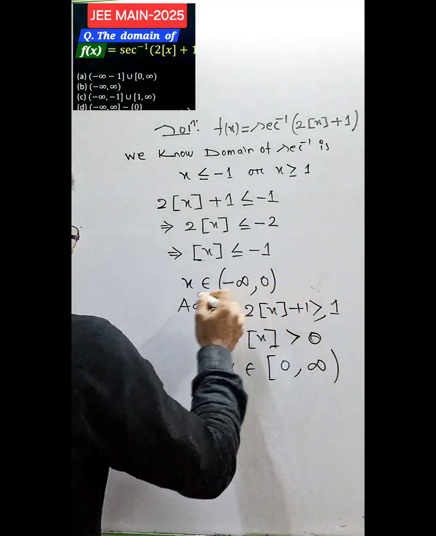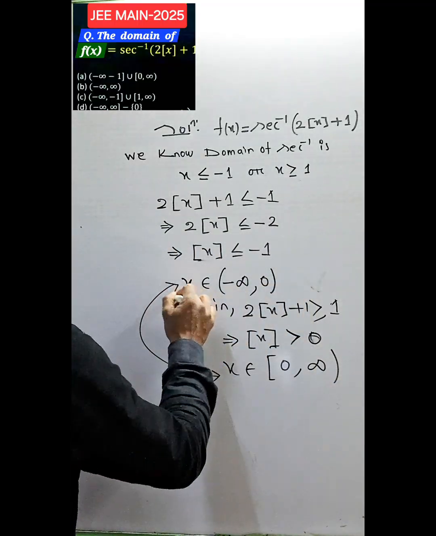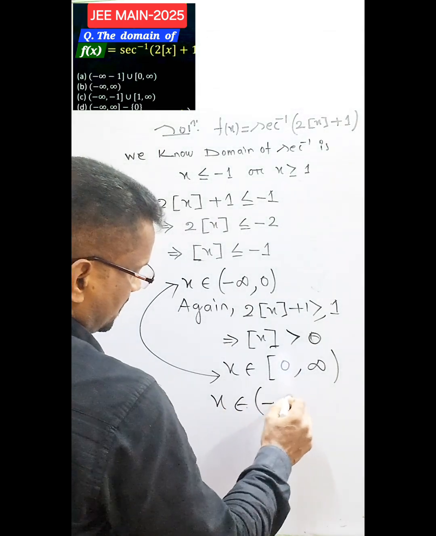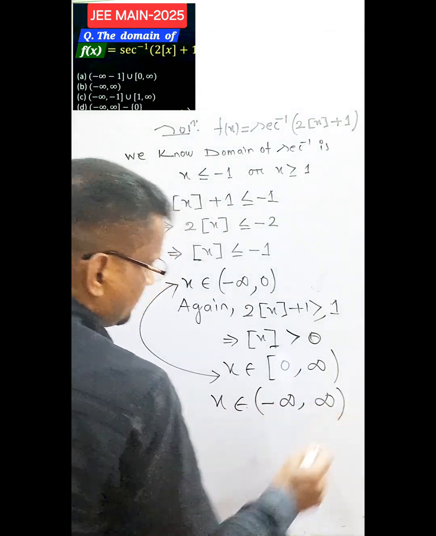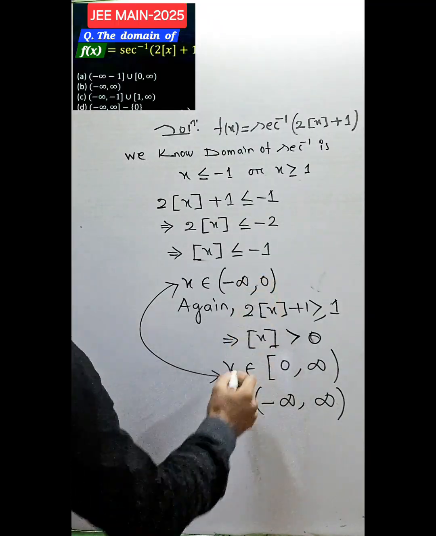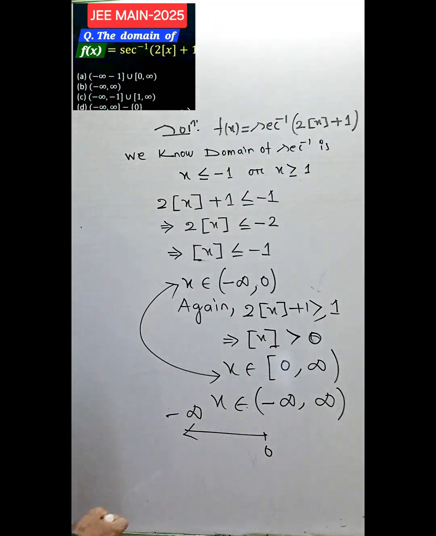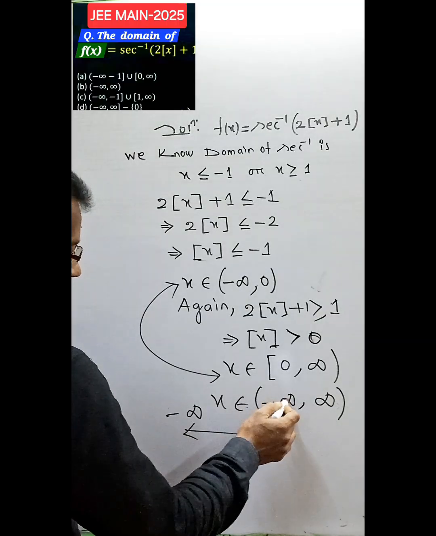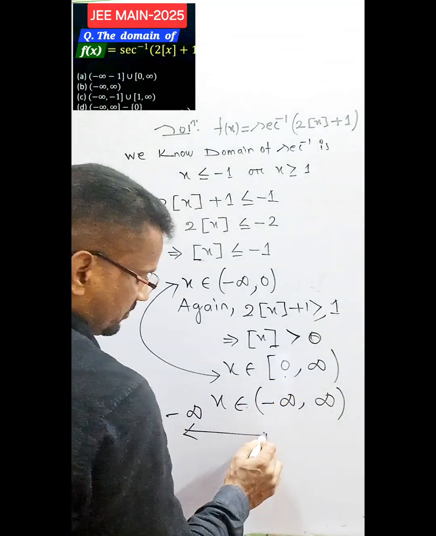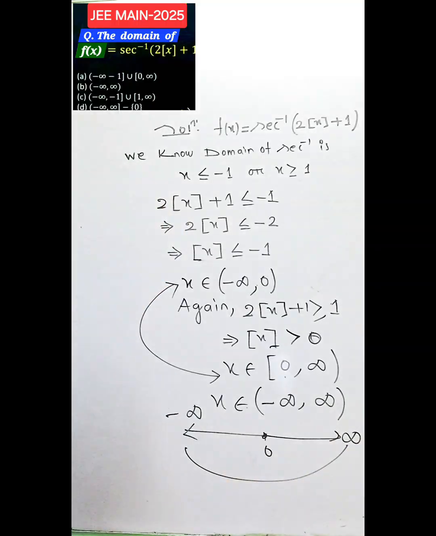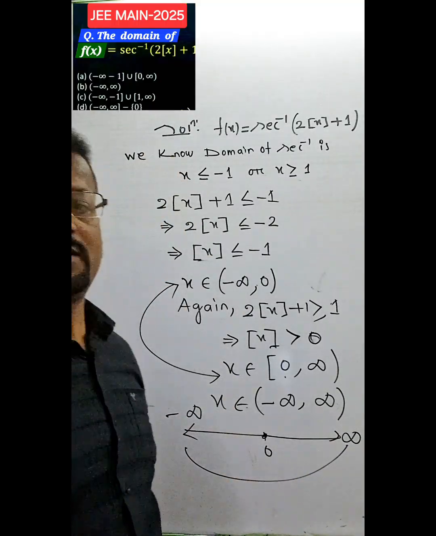Now see, if you combine these two, then what do you get? You get x belongs to negative infinity to positive infinity. Because this is showing negative infinity to 0, or less than 0 actually, and this interval is giving you starting from 0 to positive infinity. So the domain is this much. So your option B is the correct option.